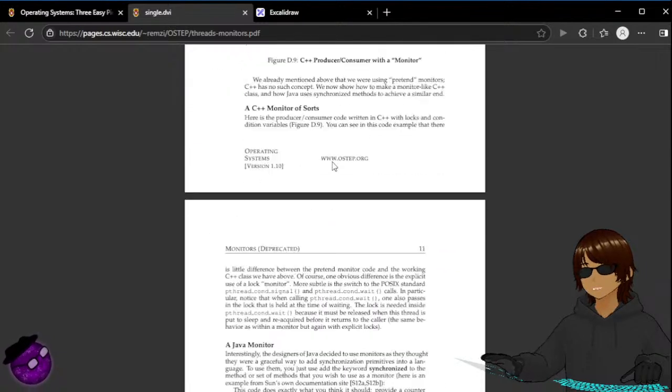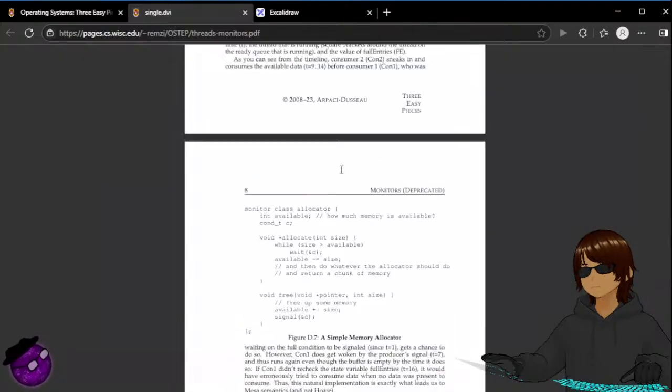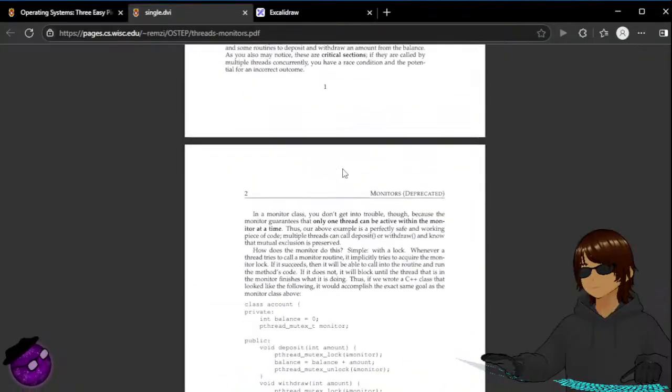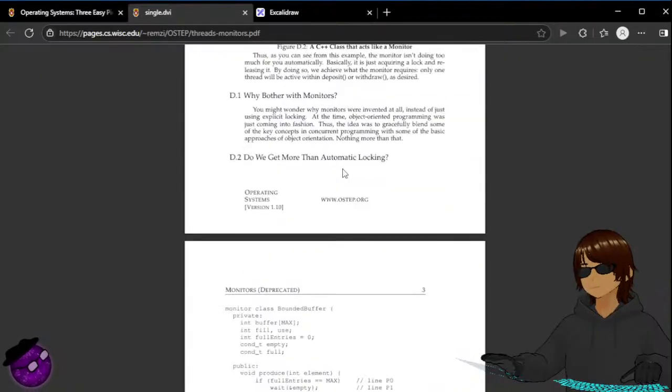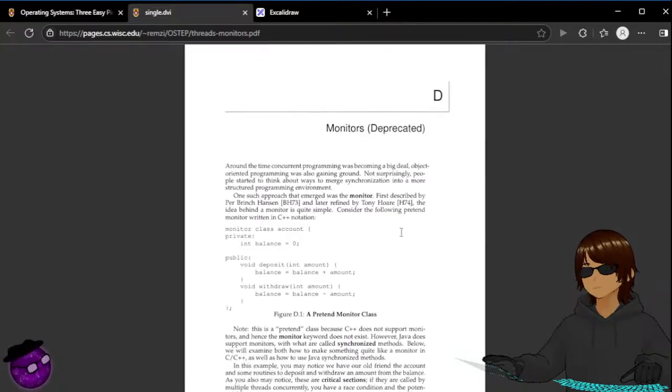But it says deprecated though. Okay, this is not the physical monitor.